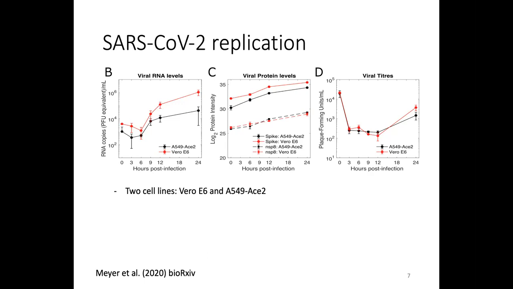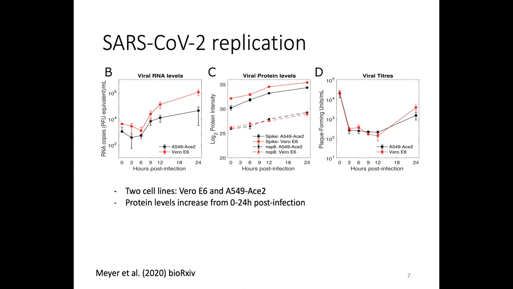We also use A549 ACE2 cell line. This is a human lung cell line engineered to overexpress the ACE2 receptor, and it is therefore permissive for SARS-CoV-2 replication. It is perhaps a more relevant model system, however, it does support viral replication at lower levels.